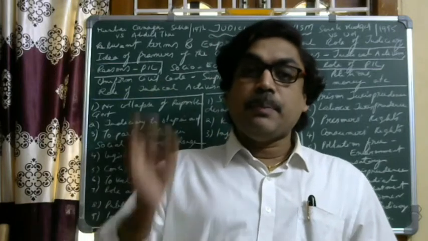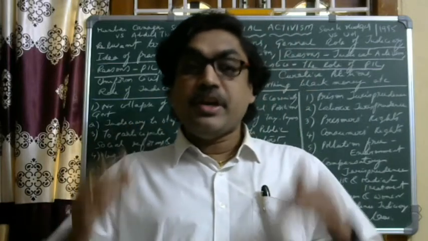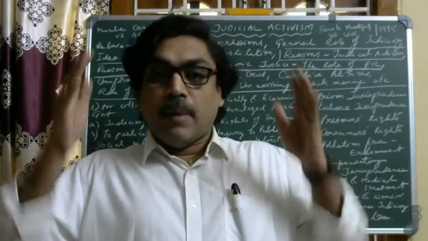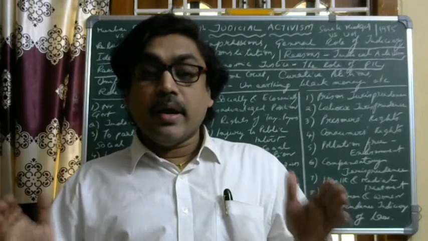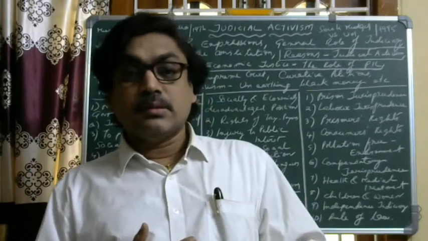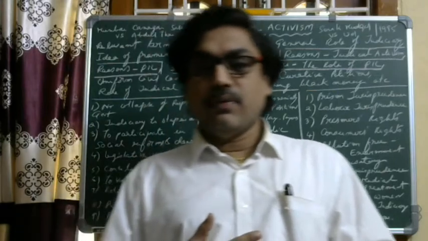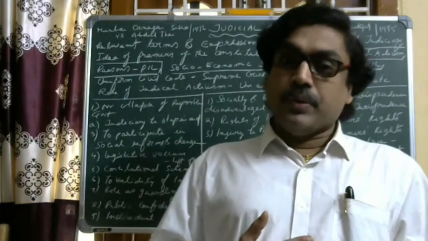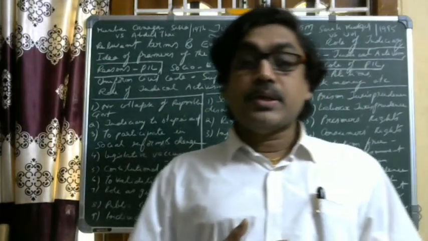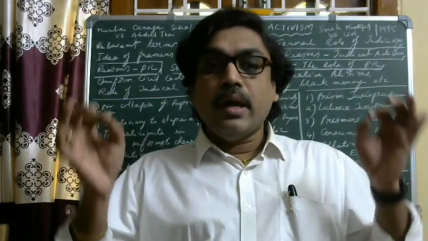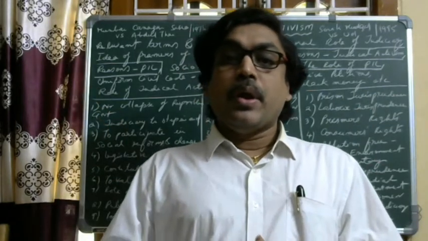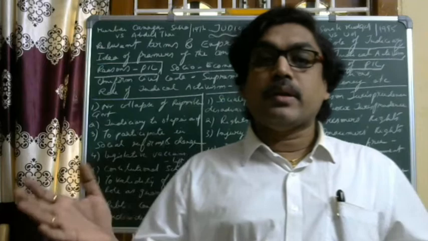But the first public interest litigation, meaning the judgment passed in the first public interest litigation in India, is Hussainara Khatoon versus State of Bihar. It is related to inhuman conditions of prisoners.